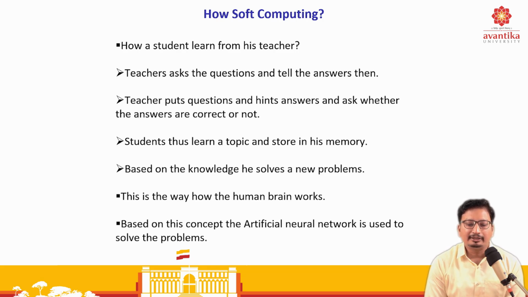The teacher then checks whether the answer given by the student is correct or not. The student learns a topic from the teacher and stores whatever he has learned in his memory or brain, so that he can answer different related questions whenever a particular question is raised in front of him.